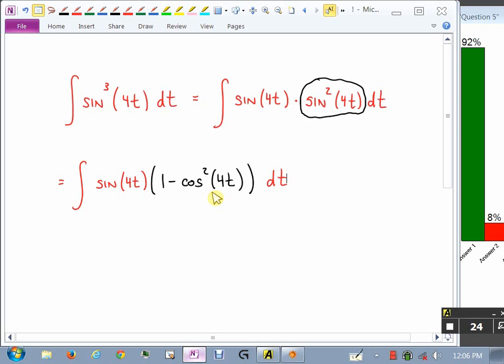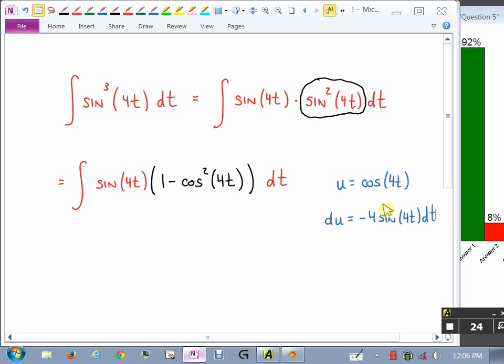So this is now becoming a basic substitution problem. I'm seeing something and its derivative there. So I'm going to let u be cosine 4t. du is what? Careful. Negative 4 sine 4t dt.